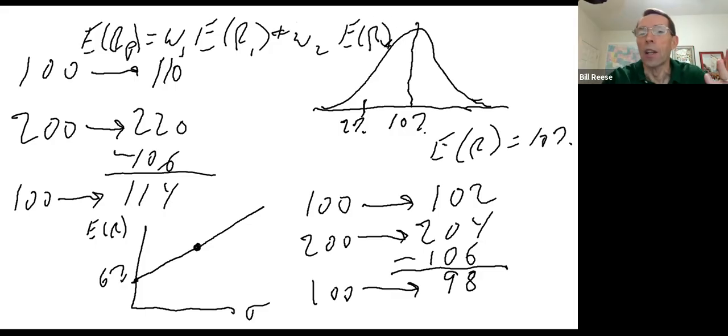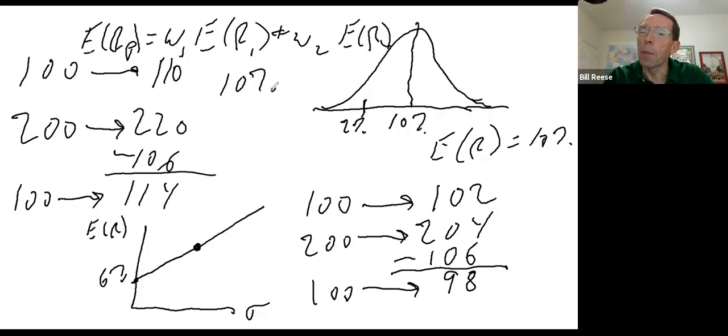Whether or not the asset 2 is risk-free or not doesn't make any difference in this case. So how do we deal with leveraging in light of this? Well, asset 1 was this risky investment right here. Pretty easy to see that that had a 10% rate of return. So the expected return on asset 1 was 10% there, right?